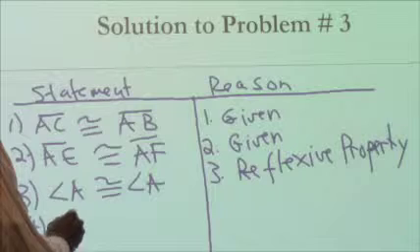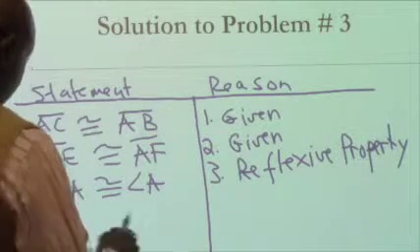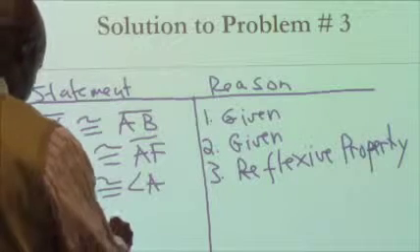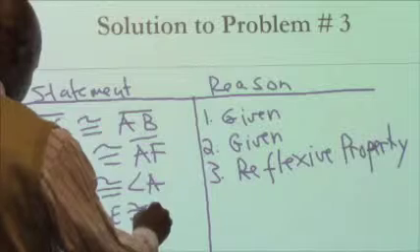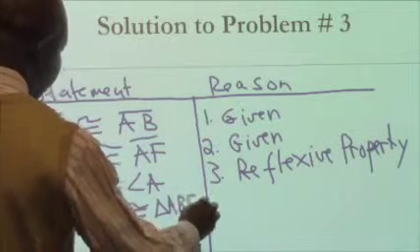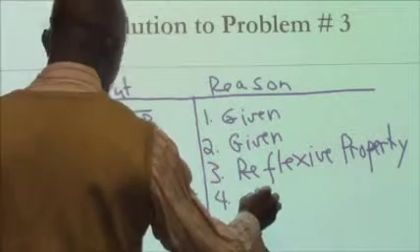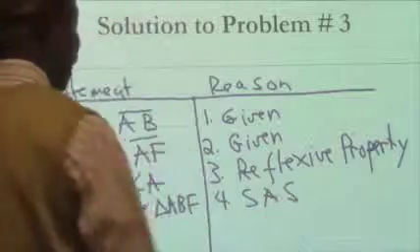So we can say here that triangle ACE is congruent to triangle ABF by the side angle side postulate.